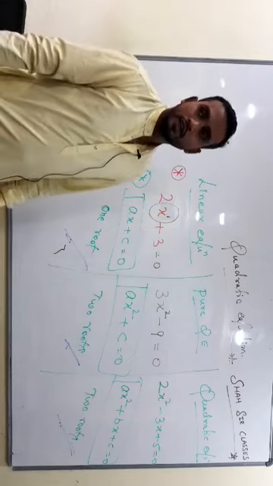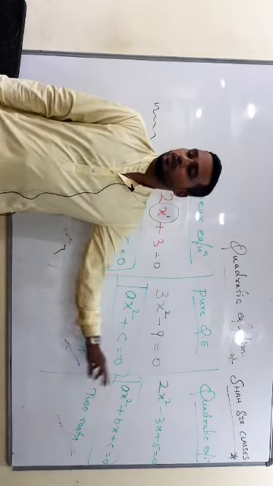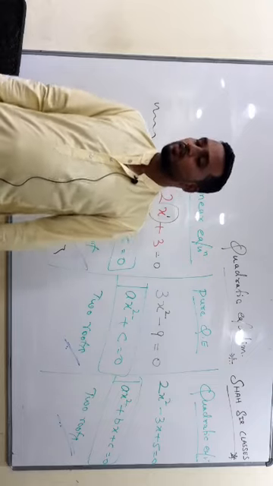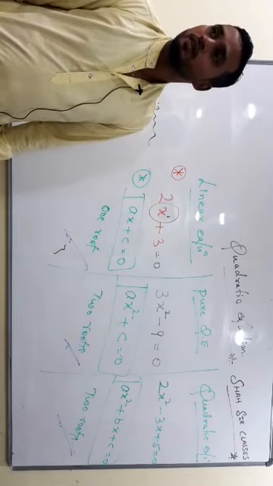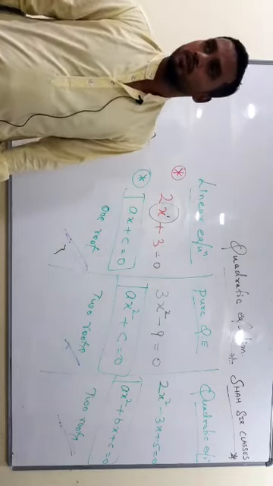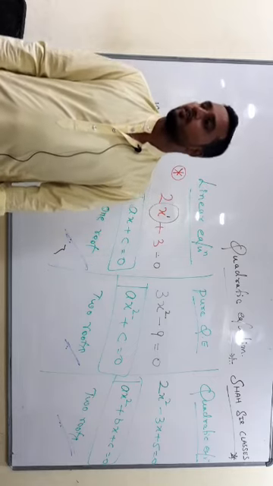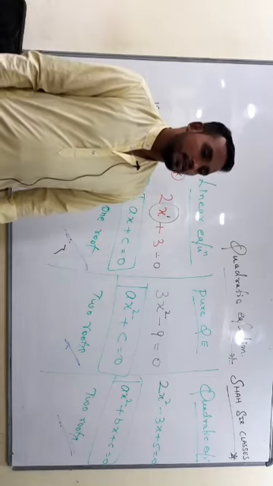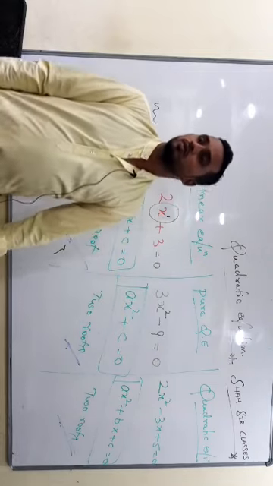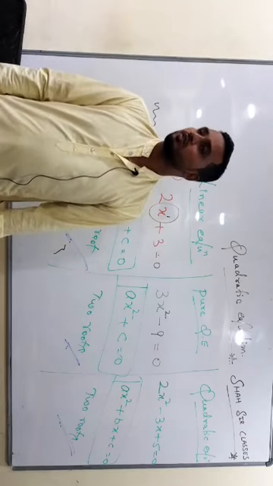Standard form of pure quadratic equation is ax square plus c is equals to 0, where a and c are coefficients or constants, x is variable. Example, 3x square minus 9 is equals to 0.